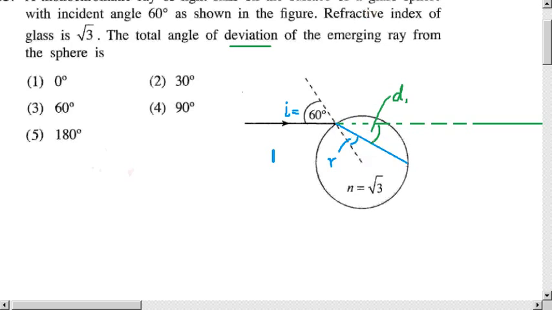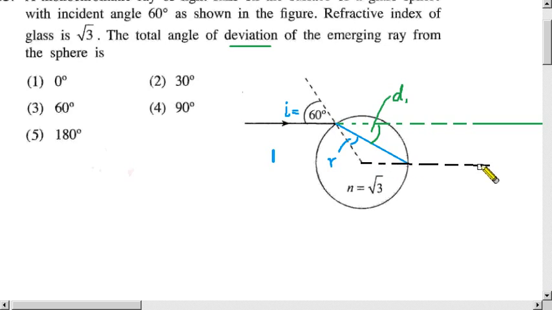And again, what happens at this boundary, it tries to leave this glass medium and enter into this new medium, air. So that is called the emergent ray. To find out the angle of emergence, we have to draw another normal to this surface at this point like this. So make it a dash line.